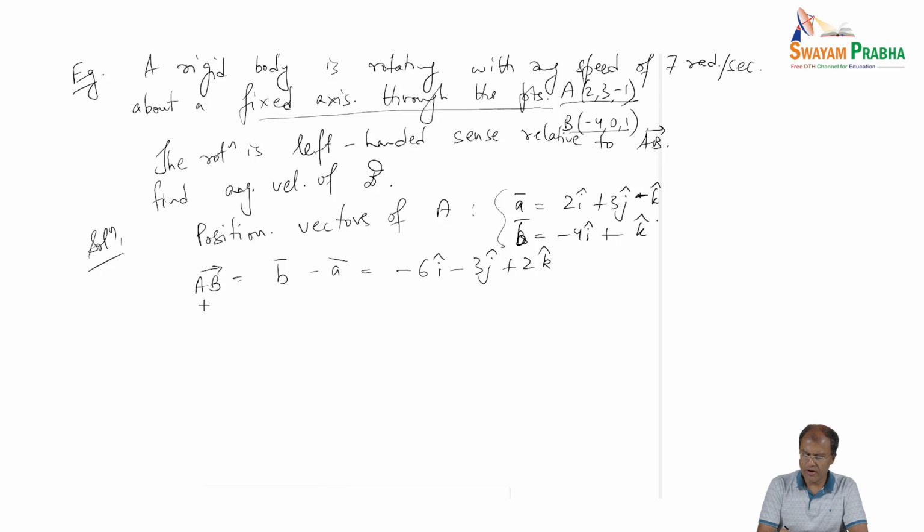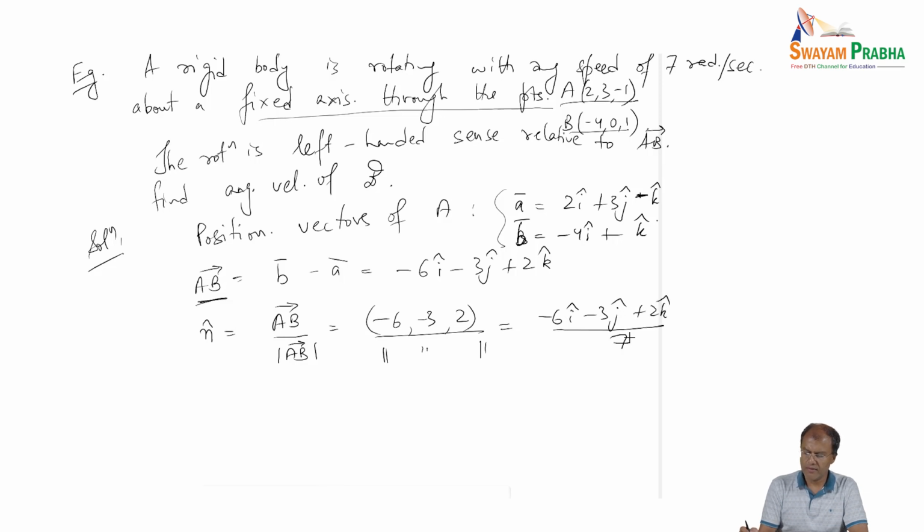Now we know that the axis of rotation is parallel to this vector AB. So our axis of rotation n hat is going to be a unit vector parallel to AB, and this is -6, -3, 2 divided by the norm of this, which is -6i minus 3j plus 2k by 7.